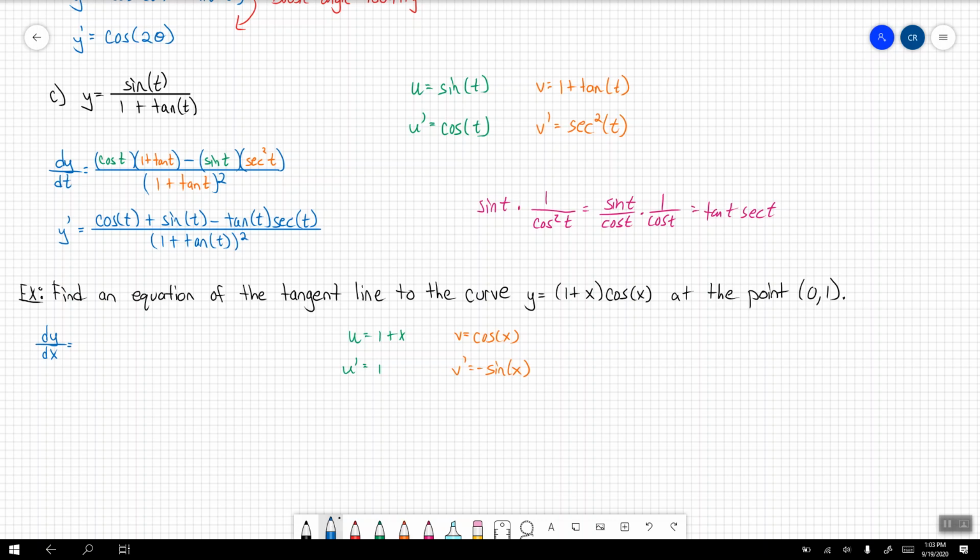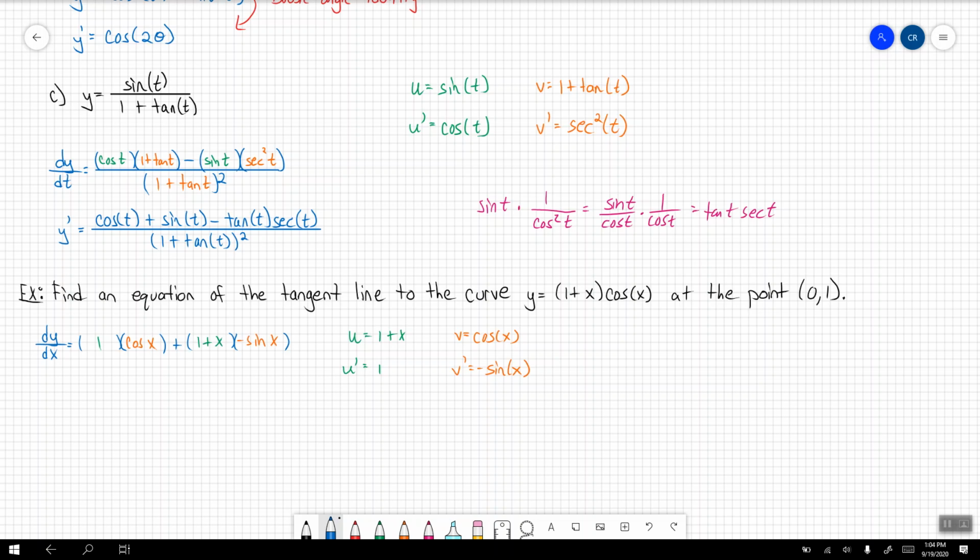So what I have here is the derivative of the first function multiplied by the second function plus the first function multiplied by the derivative of the second. Derivative of the first multiplied by the second function, then the first function, 1 plus x, times the derivative of the second, which is negative sine of x.